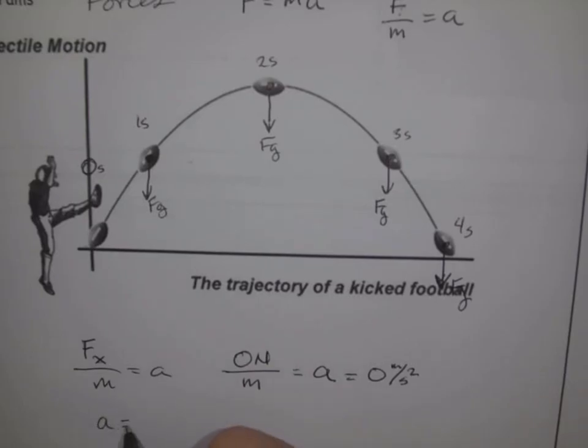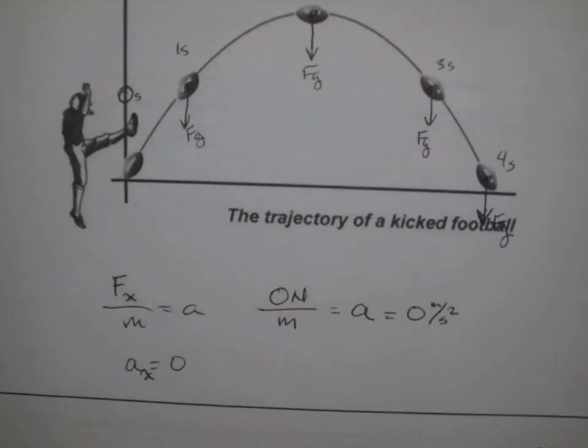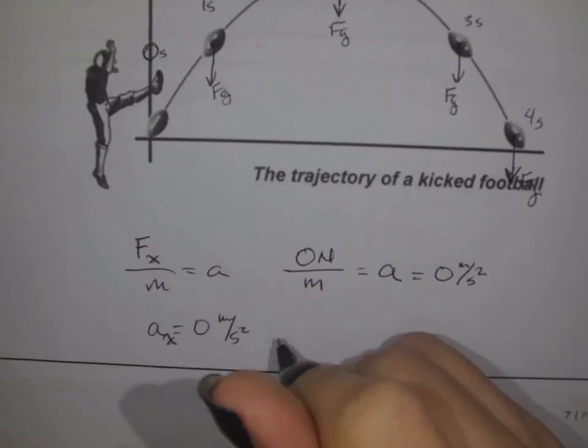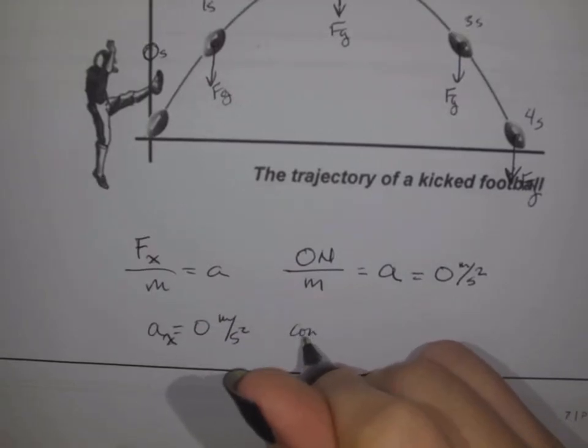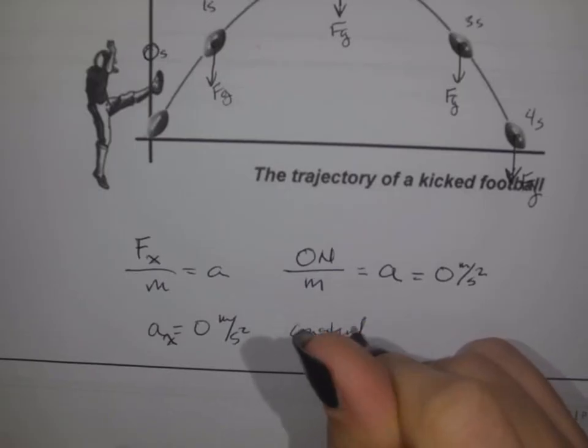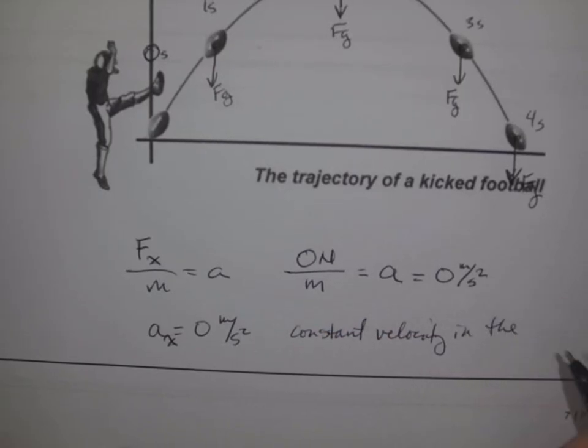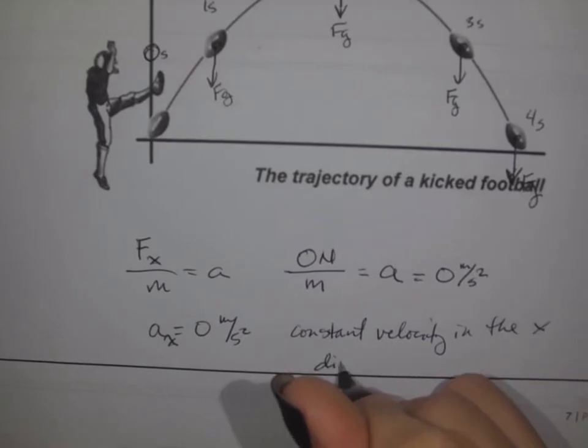So when the acceleration in the x direction is equal to 0 meters per second squared, this means that we have a constant velocity in the x direction.